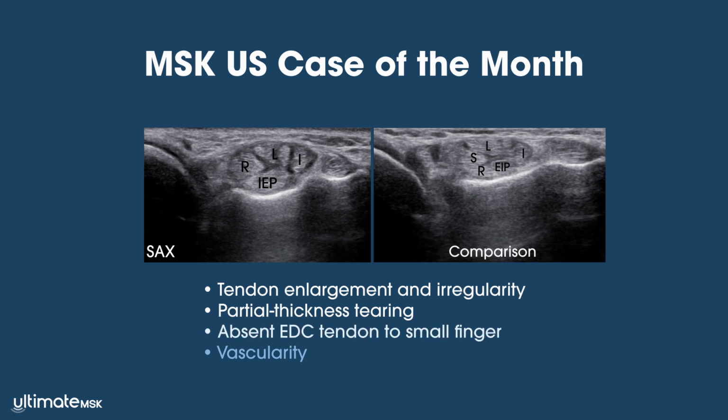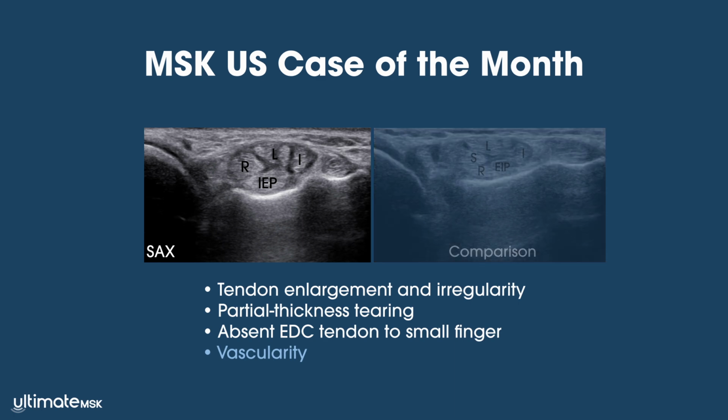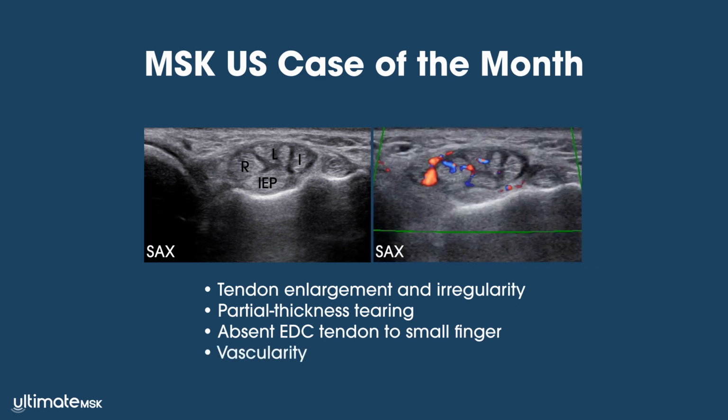Additionally, the extensor digitorum communis tendon to the small finger is absent, making the extensor digiti minimi tendon solely responsible for small finger extension. The configuration of the extensor tendons to the small finger varies among individuals. Doppler imaging reveals scattered vascularity, indicating a possible inflammatory component.